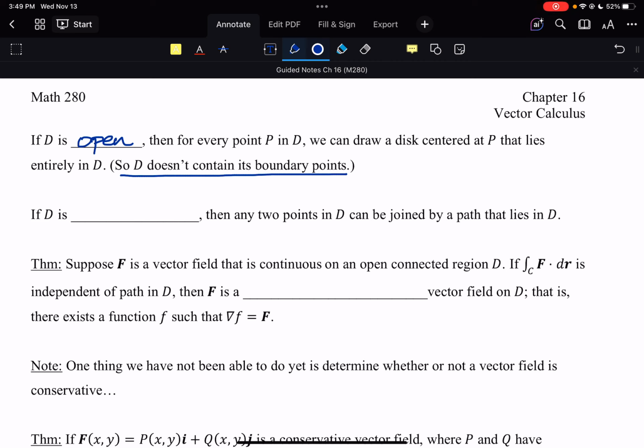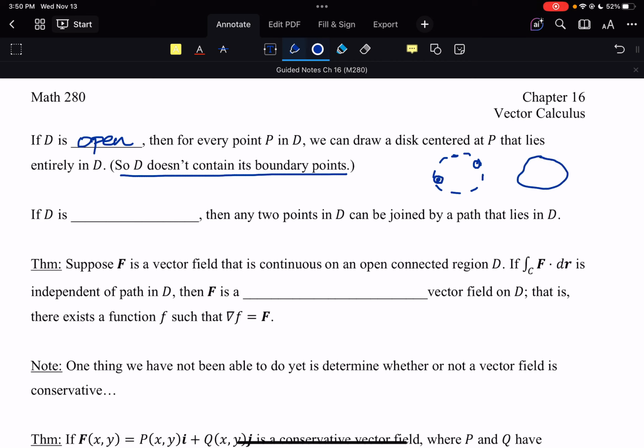So the idea of an open region like this, if we don't contain our boundary points, means no matter where I put a point in here, I can always fit a disk around it. Even if I go right up very close to the edge, there's still going to be enough room to fit a disk around that point.